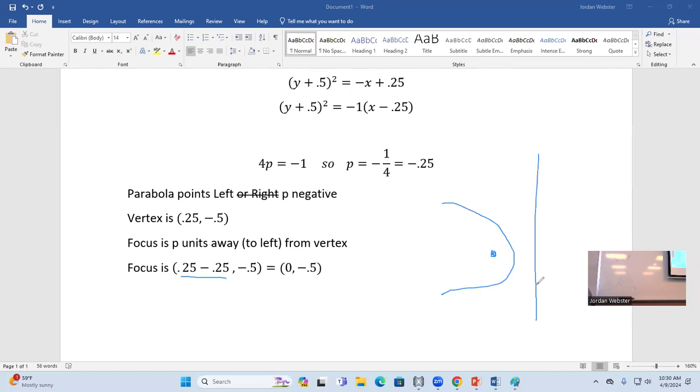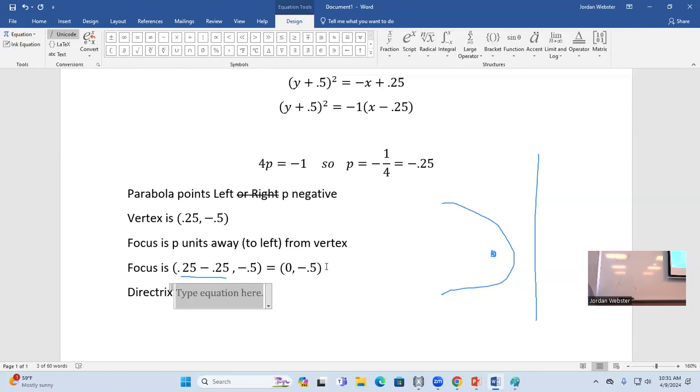Now the directrix is going to be a vertical line because the parabola is pointing left. So if the directrix is a vertical line, it's going to be x is equal to some number. Well, what number does it have to be? Well, it has to be the x value of 0.25 that is on our vertex.